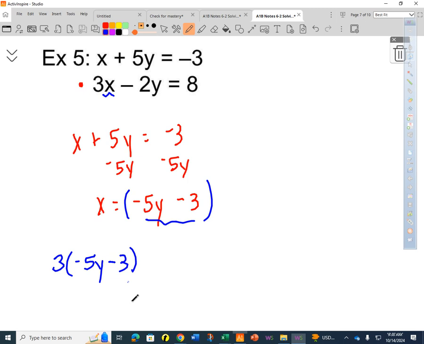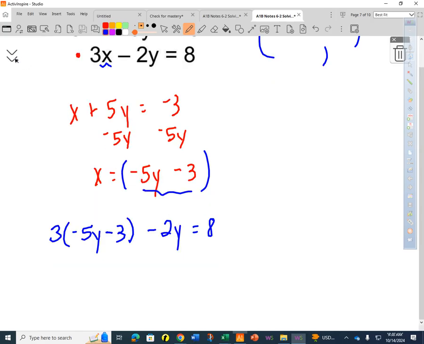Okay, and now I bring down the rest of my equation. -2y equals 8. So now I am solving for my y coordinates. I don't know which one is which. In fact, I'm not even sure it's an ordered pair. I want to see, are my variables going to disappear? If my variables disappear, then it won't be an ordered pair, but let's see what happens here.